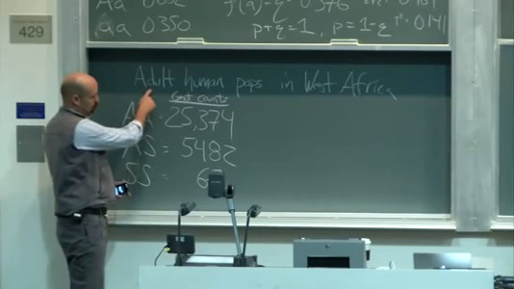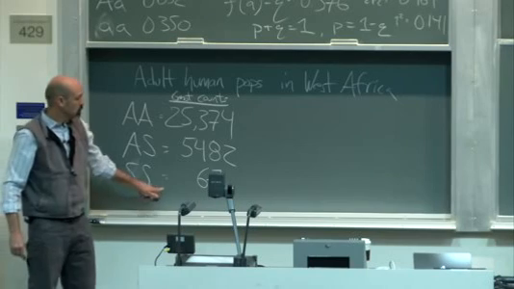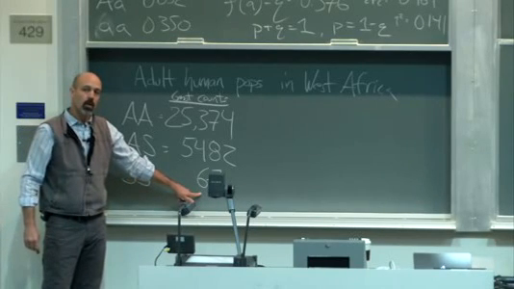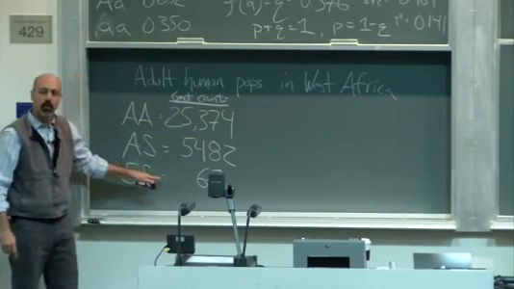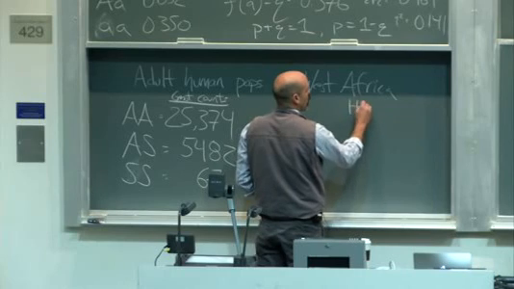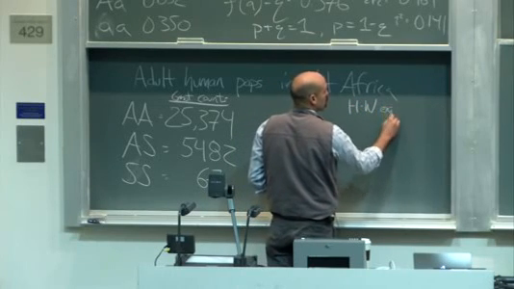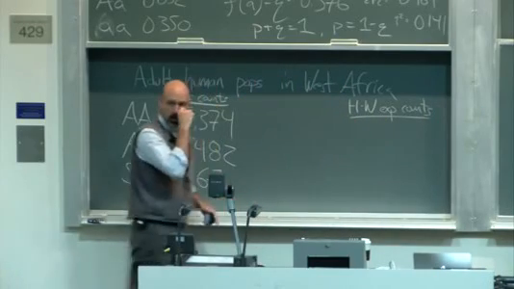These are adults, remember. And I said that the disease can be fatal. So you can just from these numbers, from these observed genotype counts, calculate ultimately your Hardy-Weinberg expected counts of individuals.